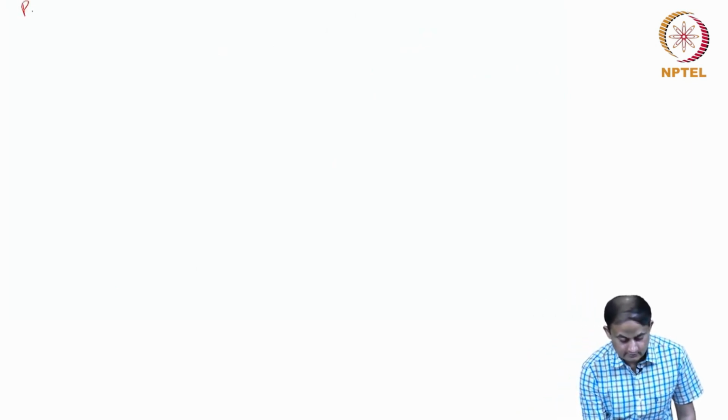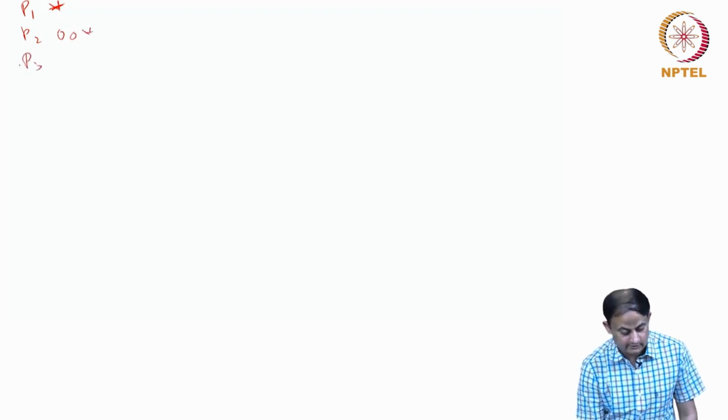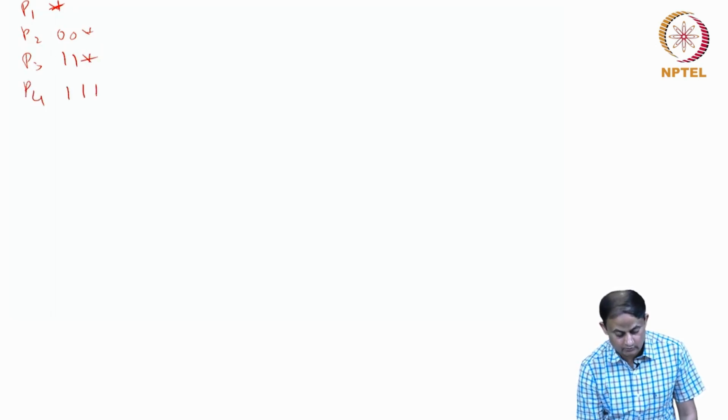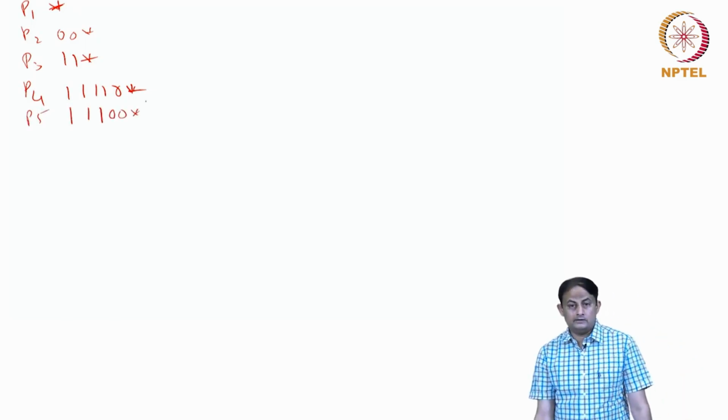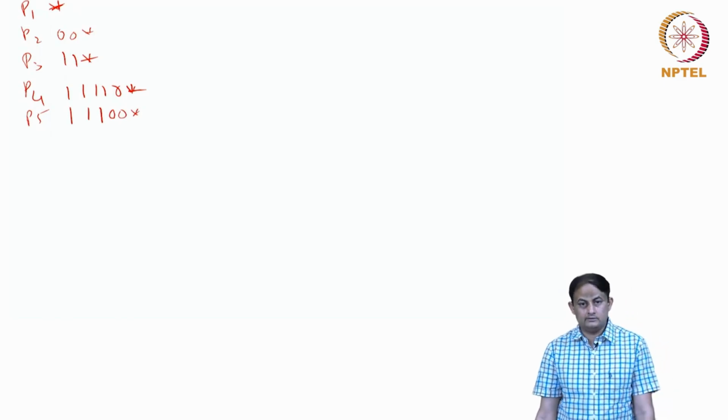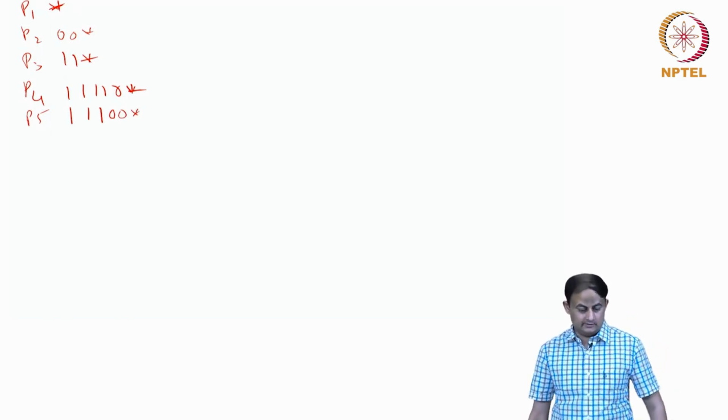P1 is the prefix which is a star, P2 is the prefix 0 0 star, P3 is the prefix 1 1 star, P4 is the prefix 1 1 1 1 0 star, and P5 is the prefix 1 1 0 0 star. I have 5 prefixes, and let me try to construct the path compressed trie for this set of prefixes.